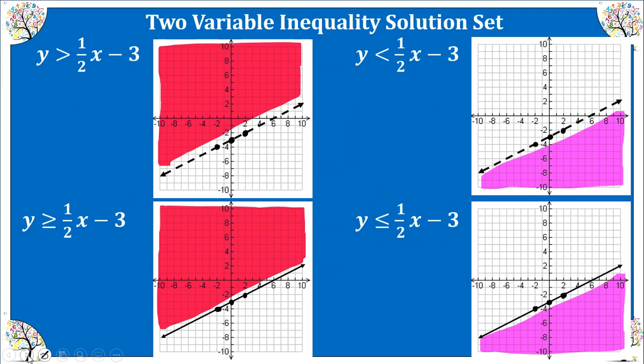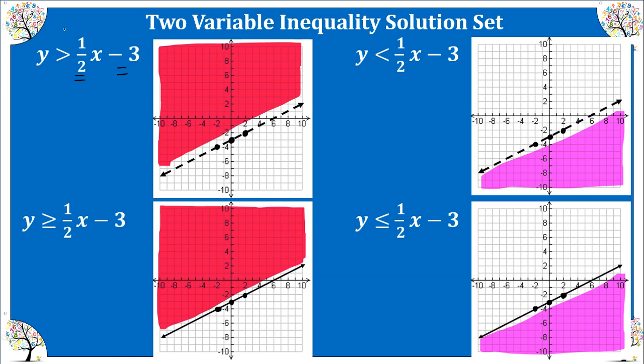So let's take a look at what it looks like with two variables. Again, we're still going to have our slope and our y-intercept, but notice we either have a dashed line or a solid line. A dashed line means that the points on this line are not included.